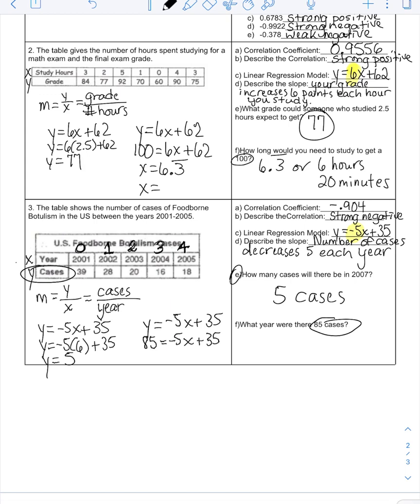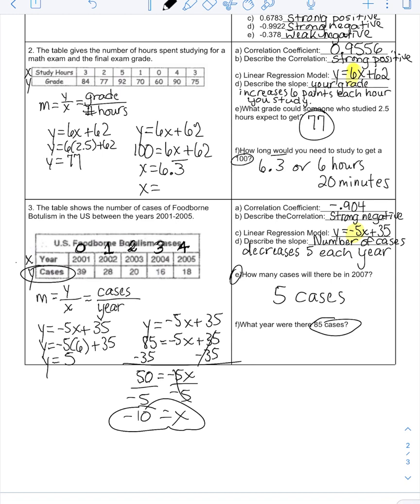You are welcome to solve this by hand, or you can use your calculator. I can easily see this one, so I'm going to go ahead and do it by hand. So I'm going to subtract 35 from both sides to get 50 equals -5x. Divide both sides by -5. This is weird. x equals -10.